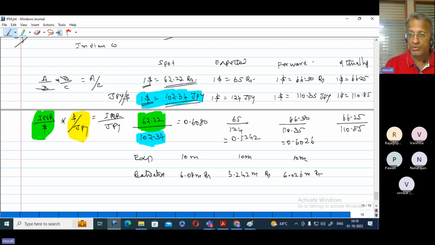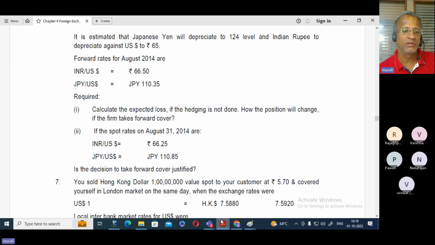How much does it come to? 0.5977, that is 5.977 million rupees. Now you read the question. Calculate the expected loss if hedging.